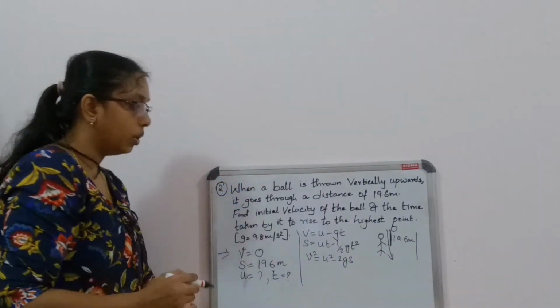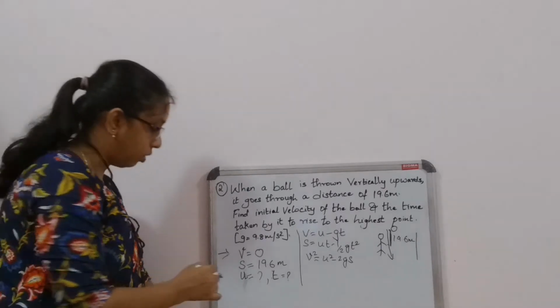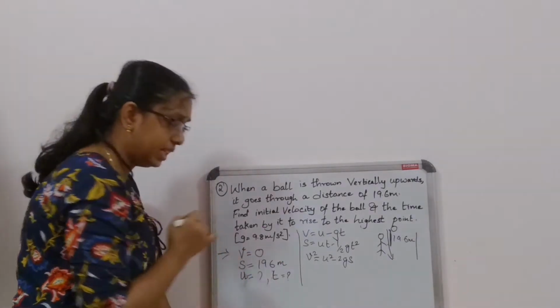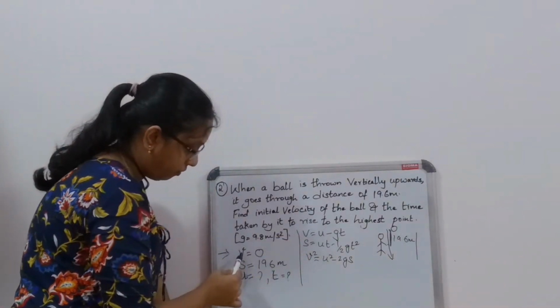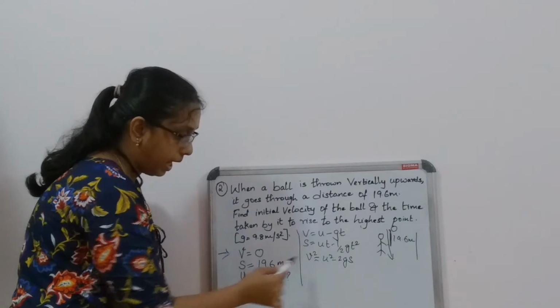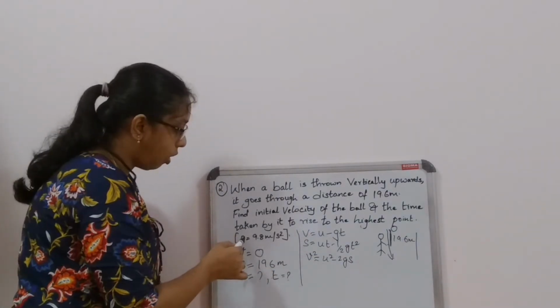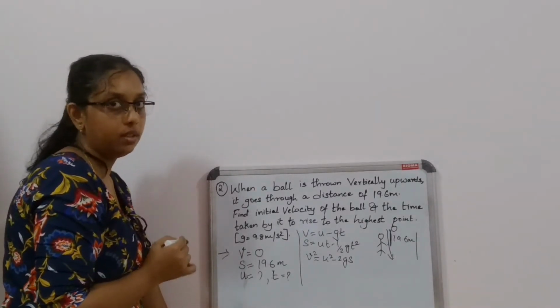Now can you find out which equation can be used here to find our initial velocity and time? For initial velocity, final velocity is given and distance is given, isn't it? And also the acceleration due to gravity is given.